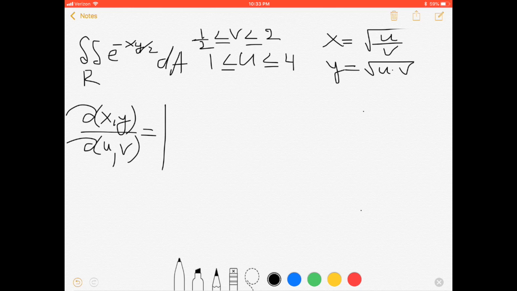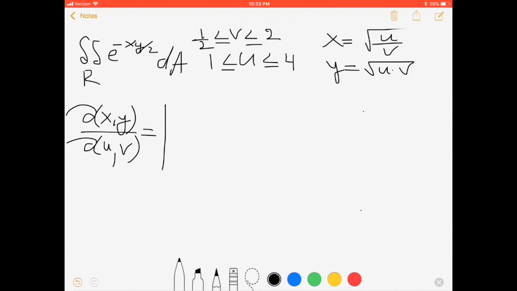Guys, I think I made a mistake. I think I switched x and u here, but it's great here. Okay, we can continue. Because I think the book suggests x is v over u, and I did u over v. It's no big deal. We can continue solving how I solve.